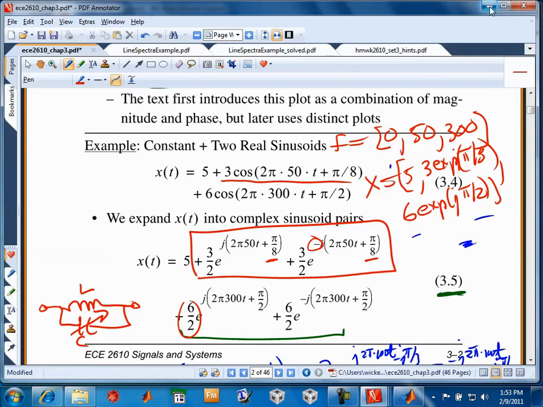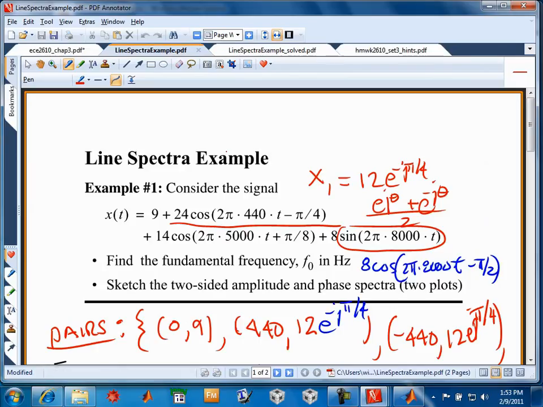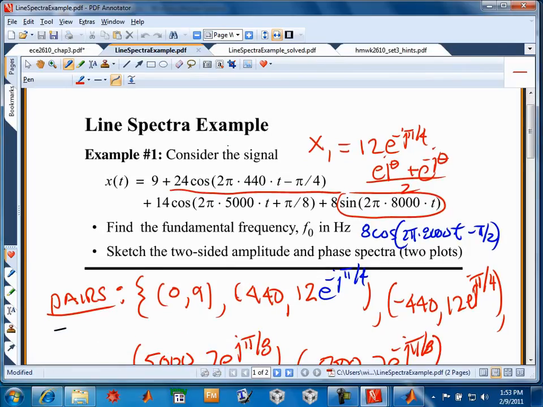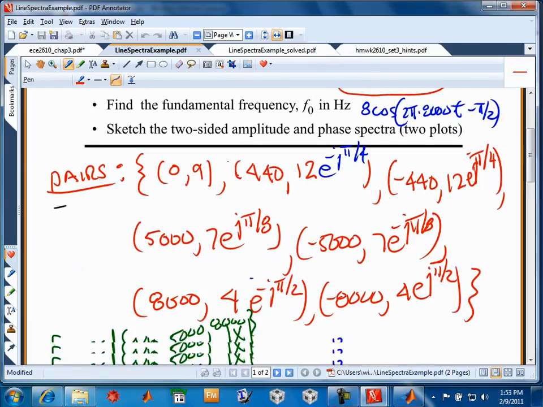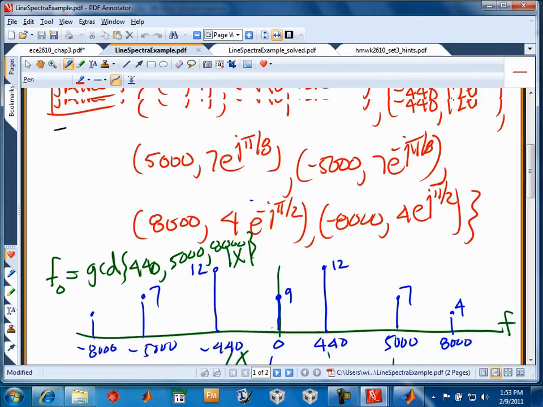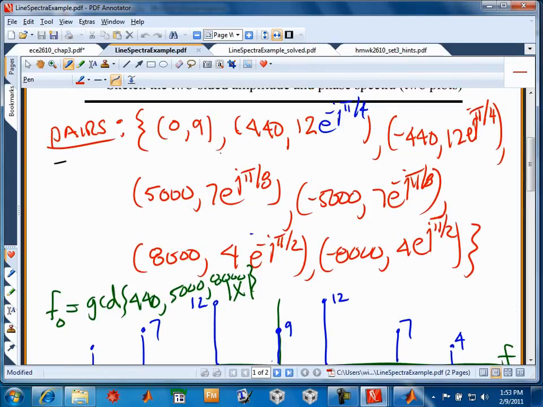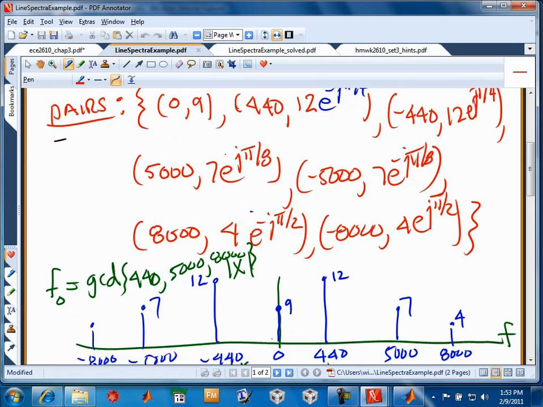We'll come back to MATLAB if we need to. Other things on the agenda, I guess we'll take a quick look at wrapping up this line spectra example, since this is the candidate for the quiz on Friday. It's going to be this type of problem. This was the scribbling we did last time, and the way we left it was we had all of these frequency amplitude pairs written down, and then we just needed to go plot them.